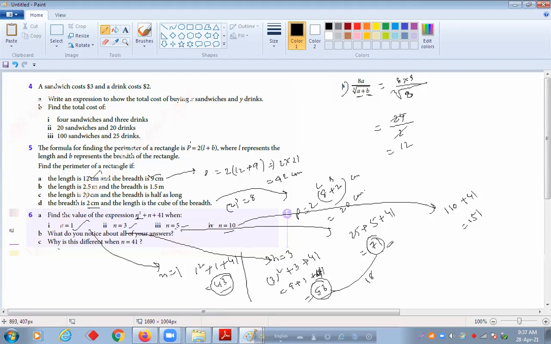And here the difference between these two is 80. Okay, so the difference is not showing any pattern.